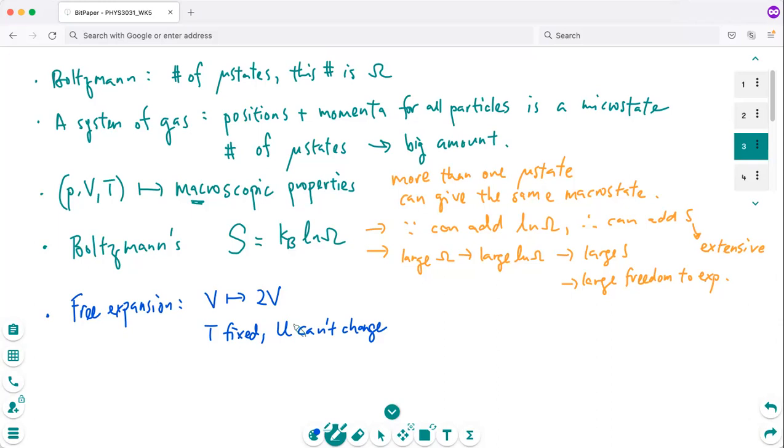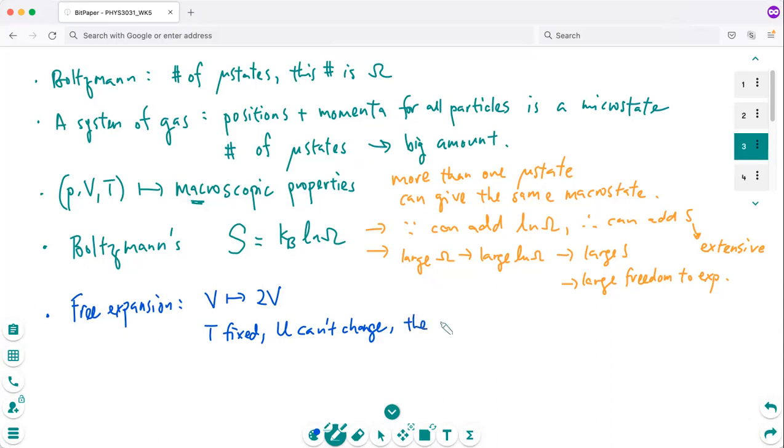So there's no potential energy due to the existence of other particles. If particles interacted, there would be some potential energy. So therefore, this U is exclusively kinetic. And the kinetic energy cannot change in this case, right? U cannot change, so kinetic energy cannot change, and you know how to relate the kinetic energy to the momentum, and therefore the momenta remain the same.